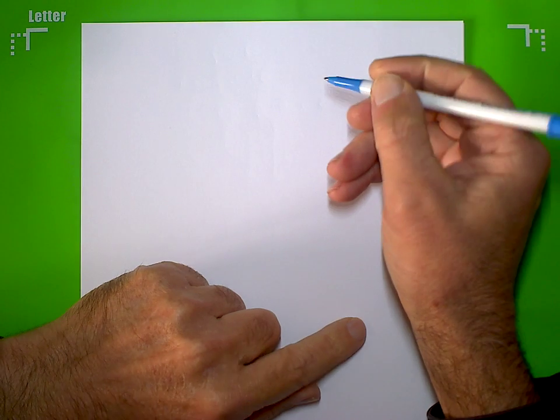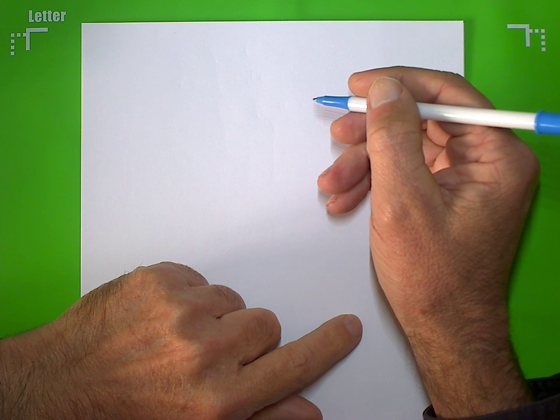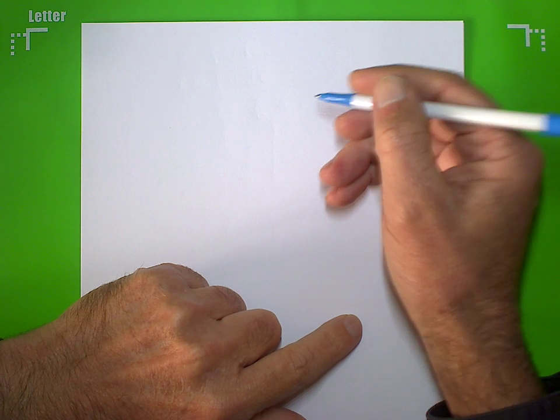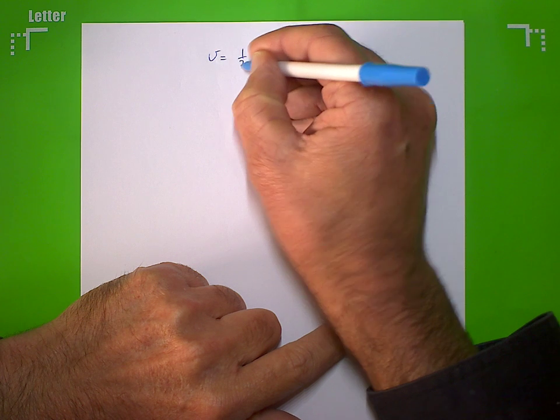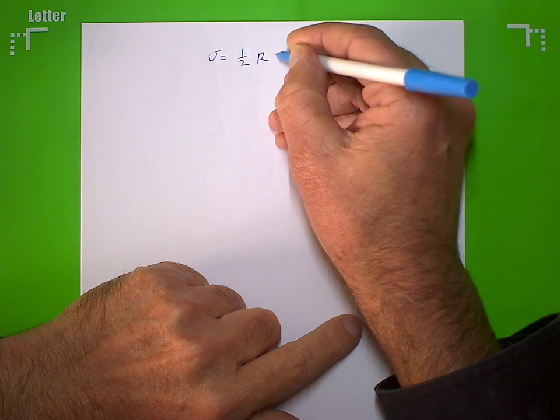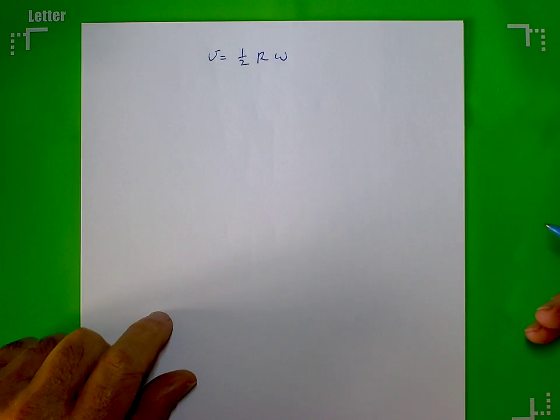Okay, so I had a question about the pre-lab for the rigid body motion experiment where you're asked to show that v equals half R omega. And so how do we do this? Well, let's look at the situation.